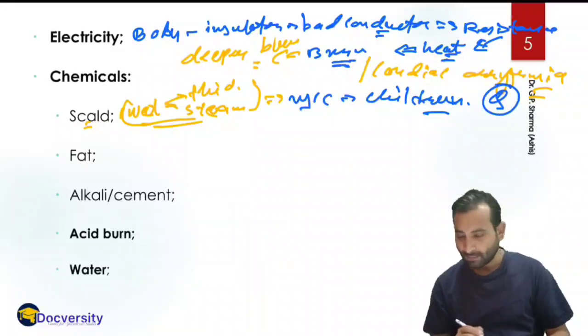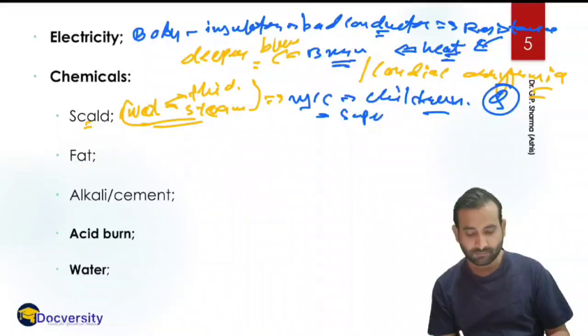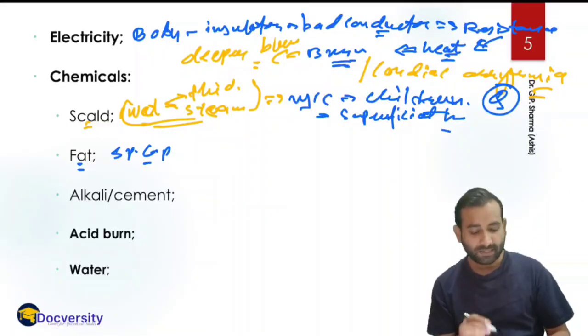Please remember. And another point is that the fat, right? Yes, and the scald burn produces the superficial burn. Please remember, superficial burn. Another one is fat. Fat, you know, the specific heat capacity is less than water, so it is easy to gain the heat, easy to lose the heat.